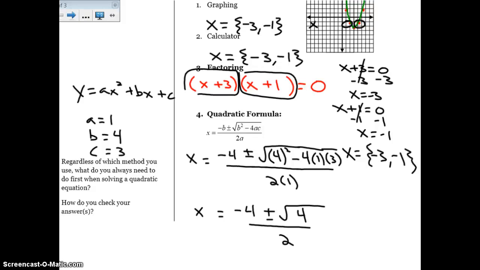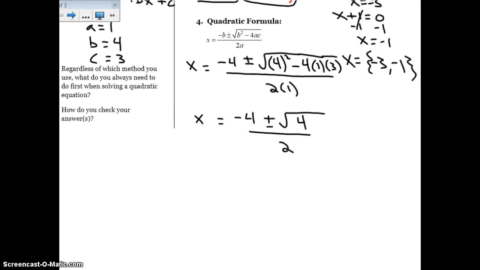And now the plus or minus sign just means that we're going to separate this into two problems. We're going to do x equals negative 4 plus the square root of 4, which is 2, and we're going to divide it by 2. So negative 4 plus 2 is negative 2. Negative 2 over 2 equals negative 1.